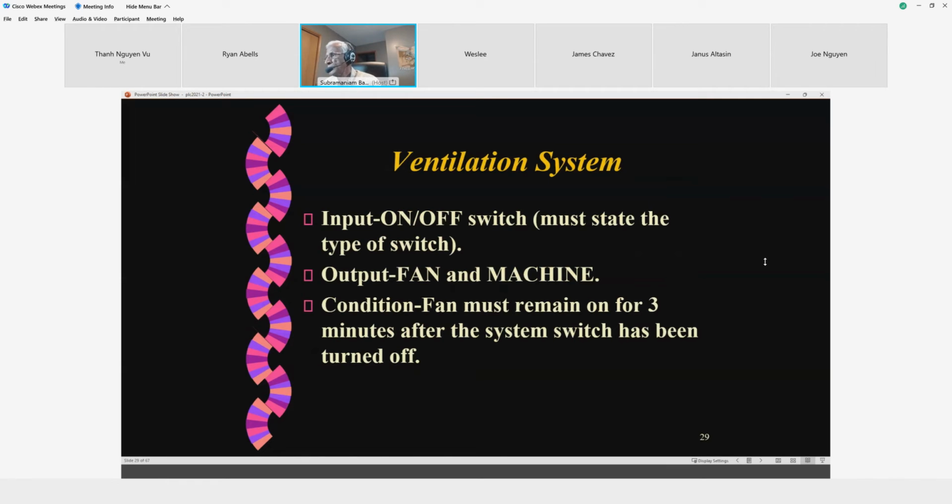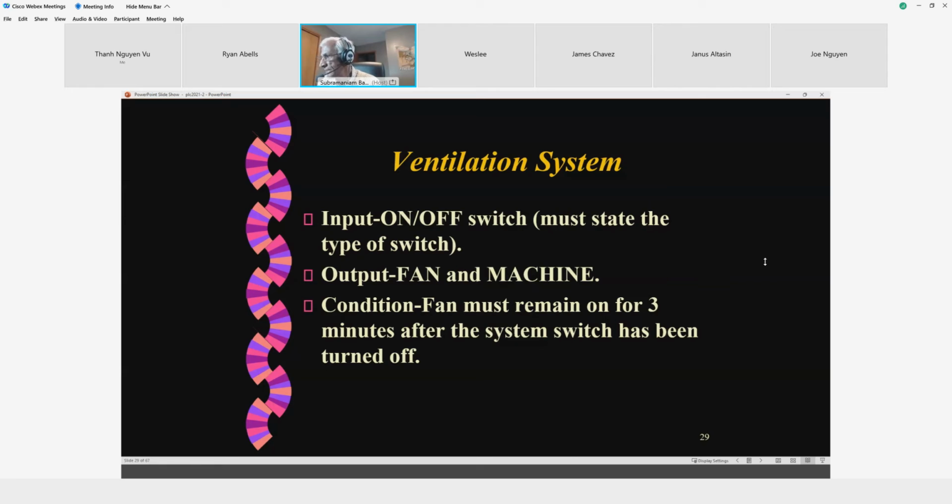That is an input to the controller to turn the process on and you must state the type of switch. It can be permanently on and permanently off, or it could be a momentary on and then off switch. Makes a big difference in terms of the truth table and the logic equations.